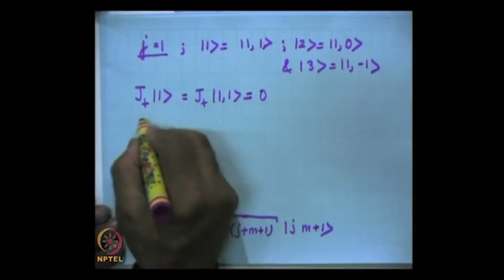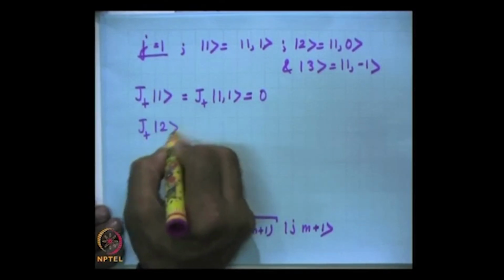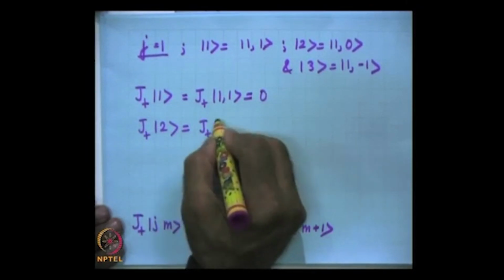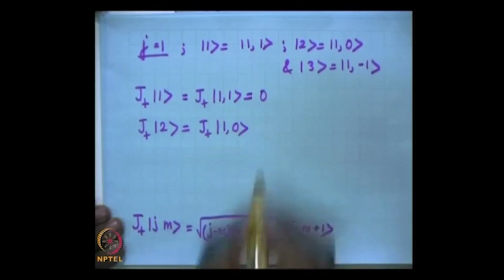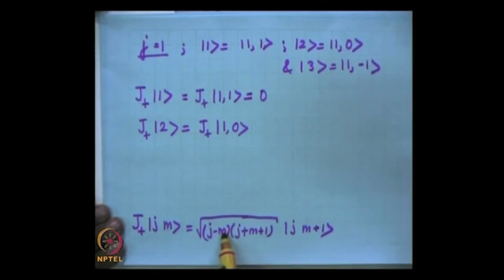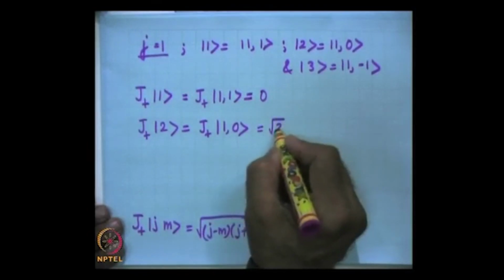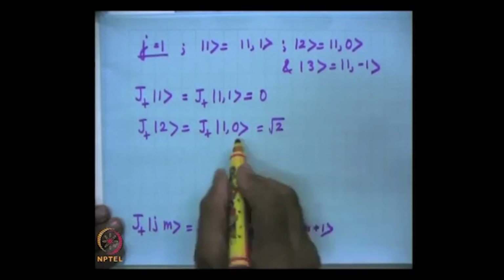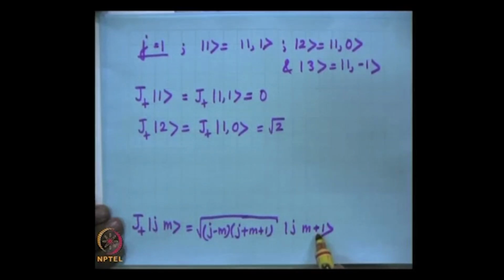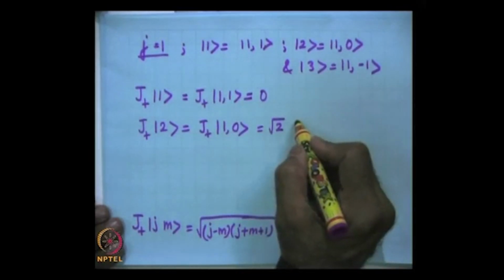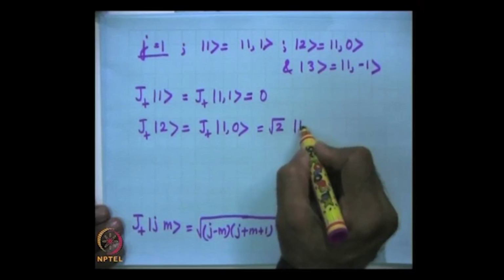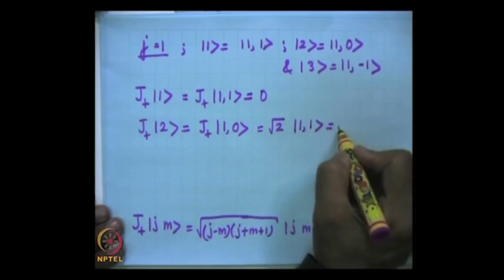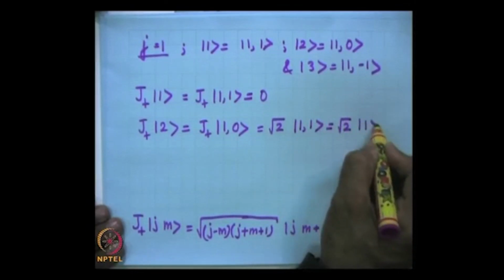J plus on ket 2, that is |1,0>: j is 1, m is 0. So, this is square root of (1 minus 0)(1 plus 0 plus 1), square root of 2, times |1,1>, since the m value has to increase by 1. So, this will be square root of 2 ket 1.